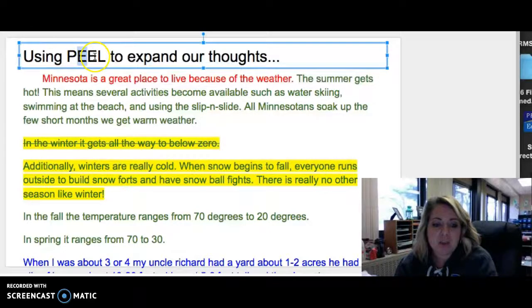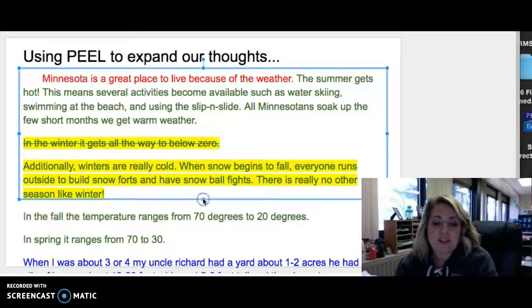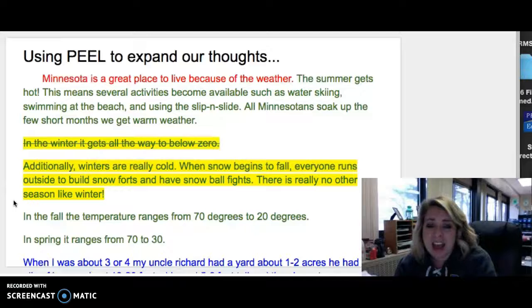And then I'm going to explain it. Why is it a big deal for winters to be cold? When snow begins to fall, everyone runs outside to build snow forts and have snowball fights. There is really no other season like winter, all right? So there it is, my little cheeseball explanation as to why winter is so great. And by the way, I hate winter. Hate it. Okay. But I'm pretending like I like it for the sake of this paragraph.